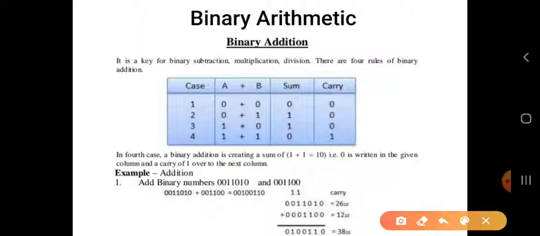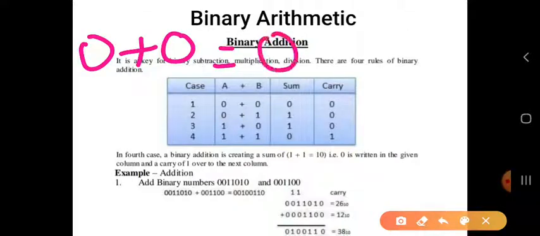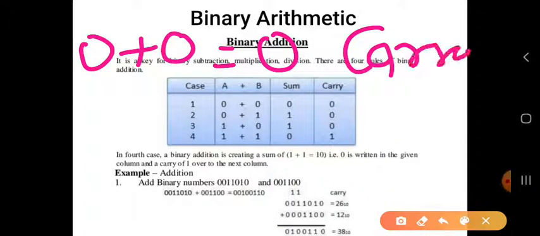You can see case 1. In case 1, 0 plus 0 will always give you a 0. That means the sum of 0 plus 0 will always give you a 0 with no carry, nothing. That means 0 carry.